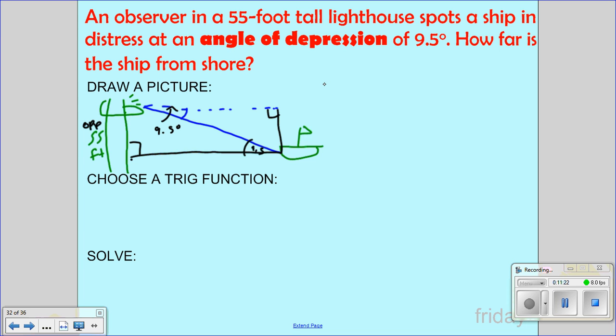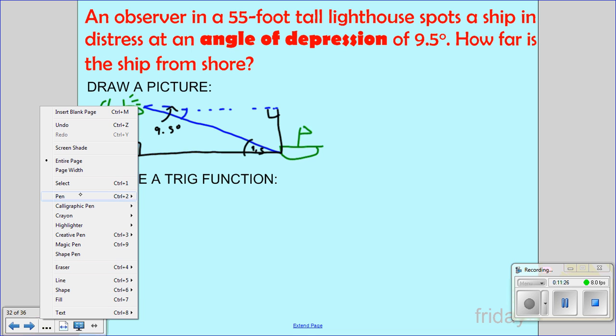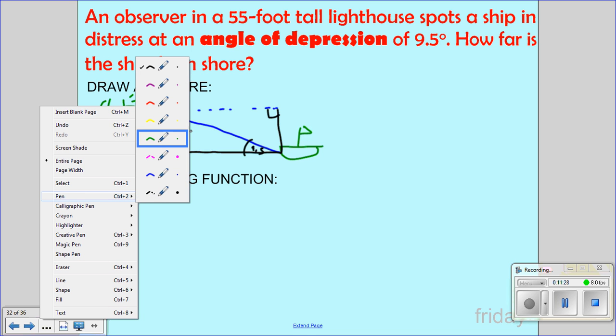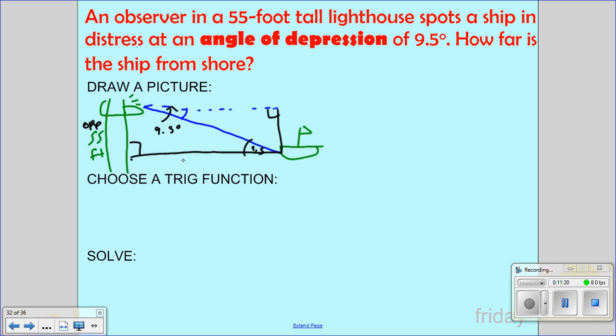We're looking how far the ship is from the shore. So we're looking for the horizontal distance between the lighthouse and the ship. So we're looking for here, which is adjacent to my angle of elevation, or the angle of depression. So since we have opposite and adjacent, again, we're going to use tangent.